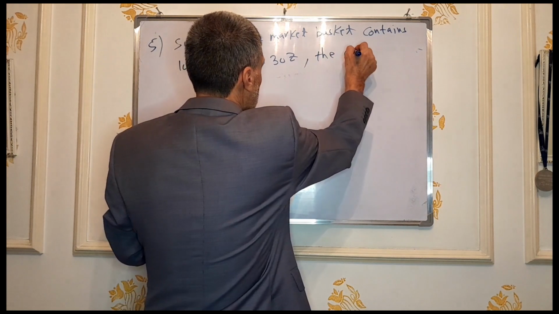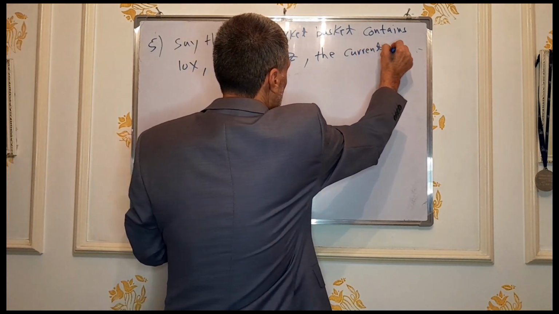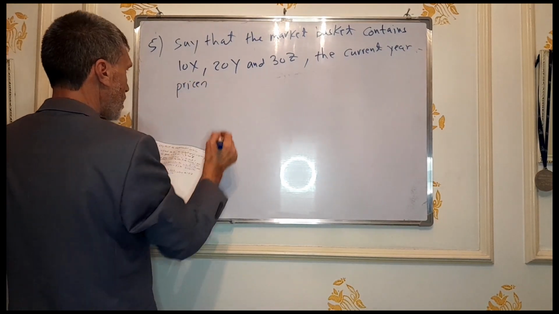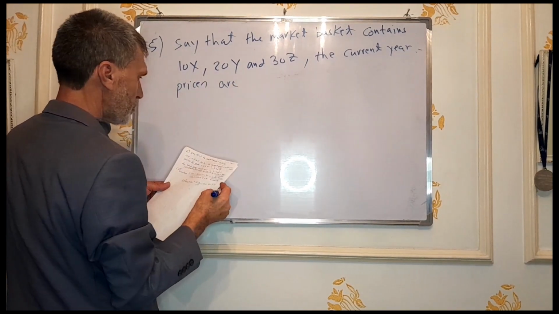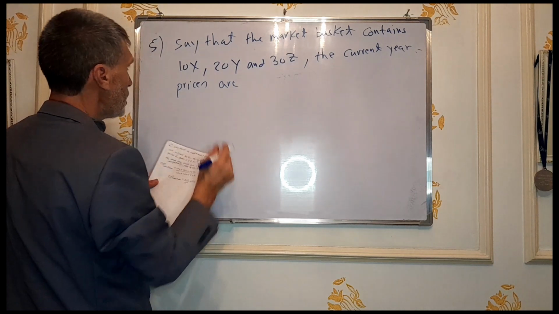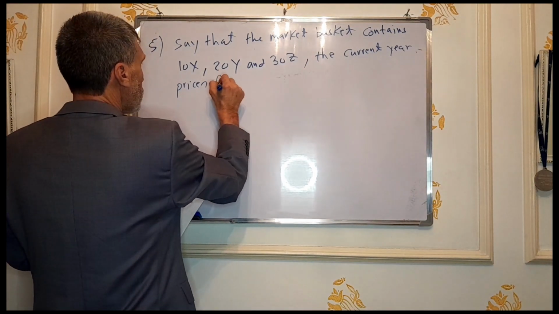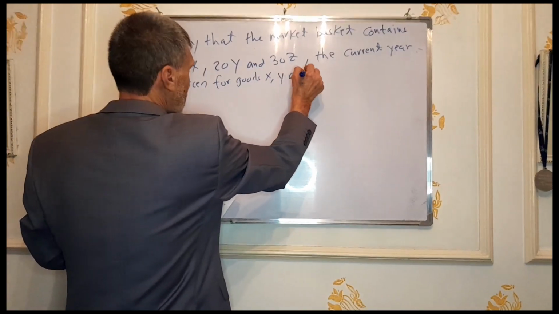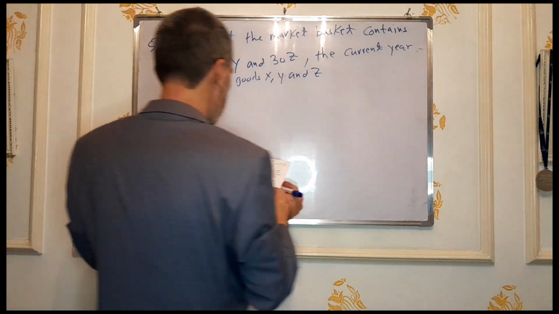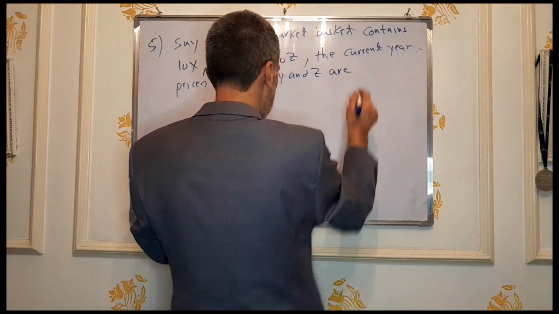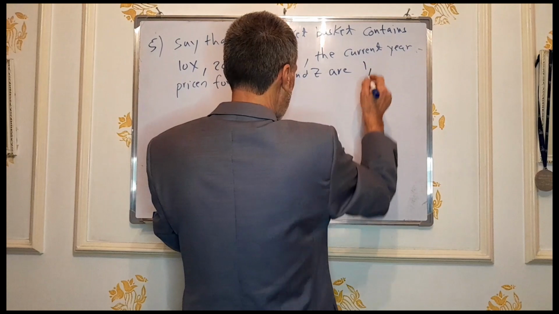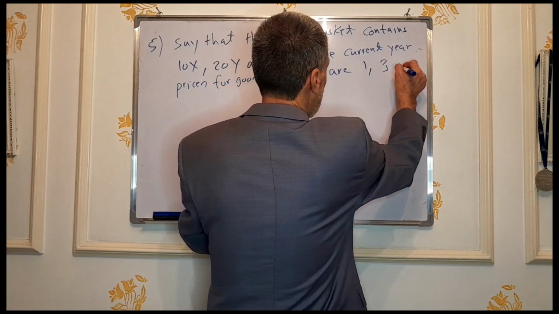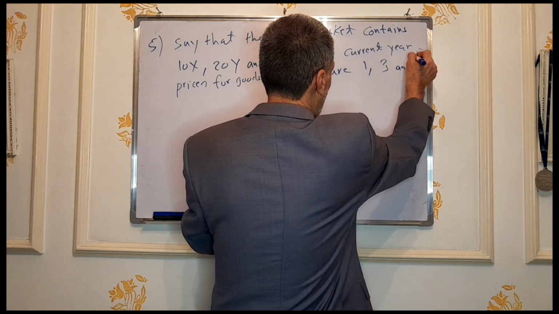The current year prices for goods X, Y, and Z are 1, 3, and 5.